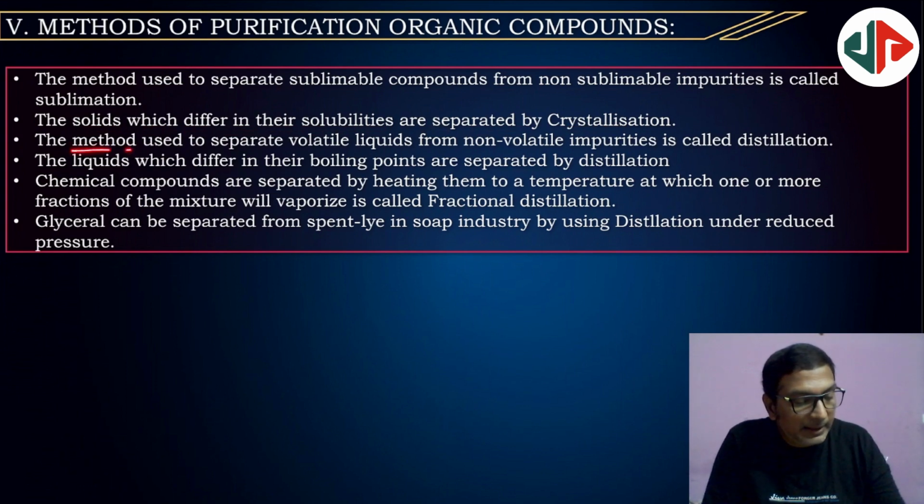Next, the method used to separate volatile liquids from non-volatile impurities is known as distillation. Distillation is nothing but evaporation followed by condensation. Next, liquids which differ in their boiling points are separated by distillation.